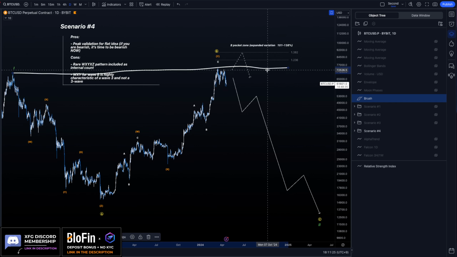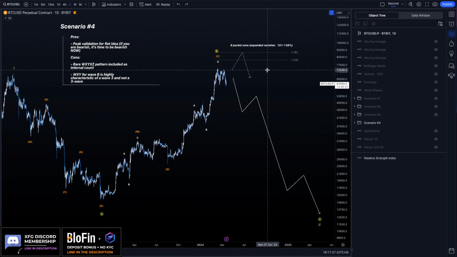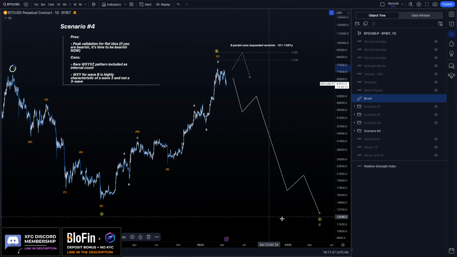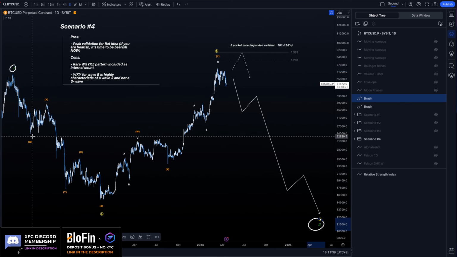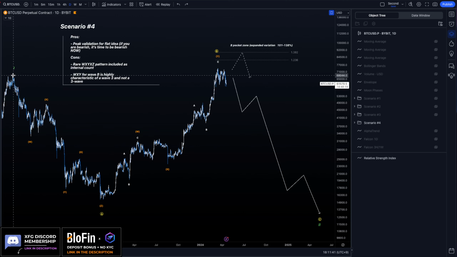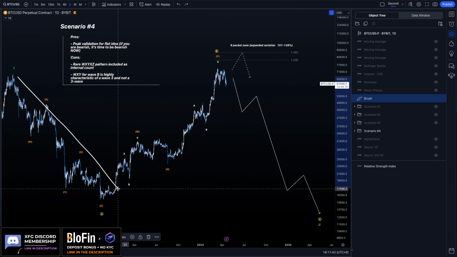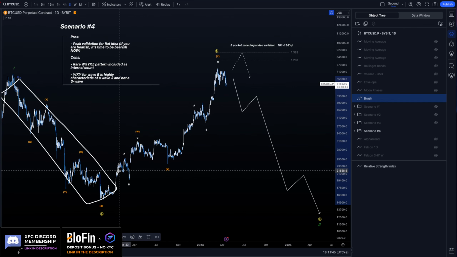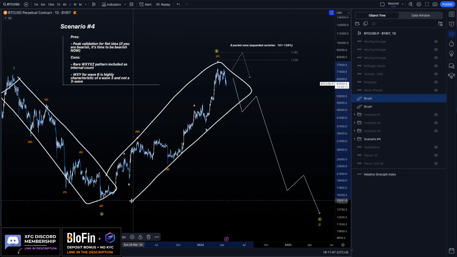No matter how good the fundamentals may look, no matter what ETFs are telling us, no matter what people are doing, this is what technicals are directing us into, which is that we have a cycle 1, 2 still being created, meaning that this move down was a corrective structure. This move up was also a corrective structure.